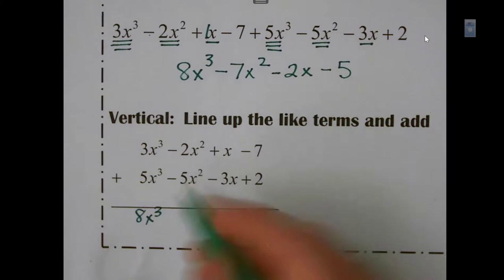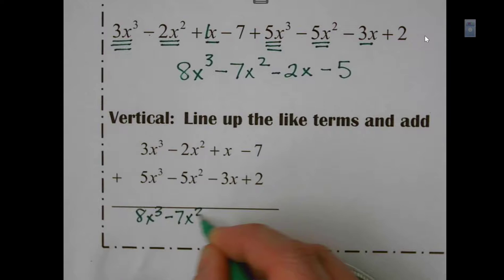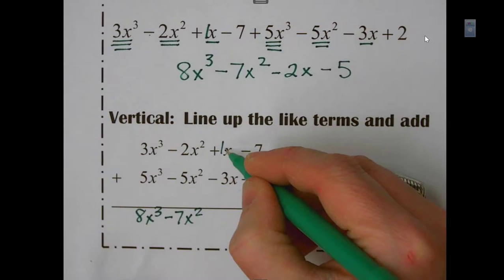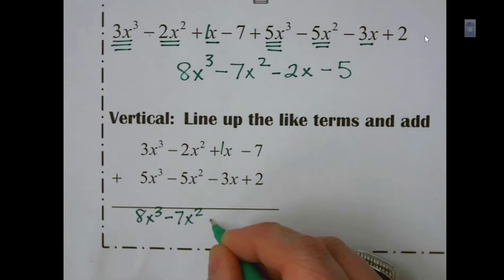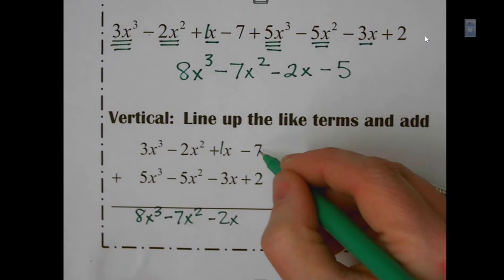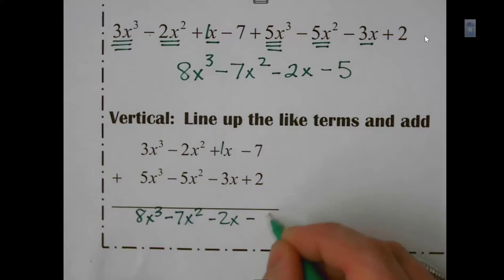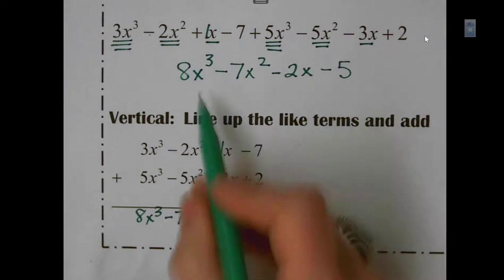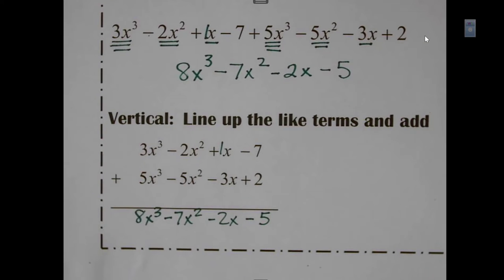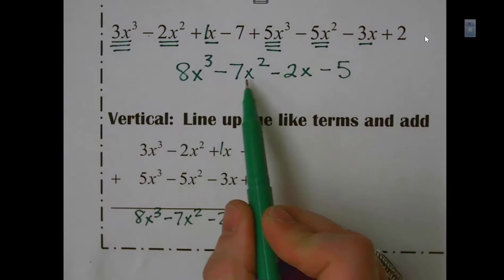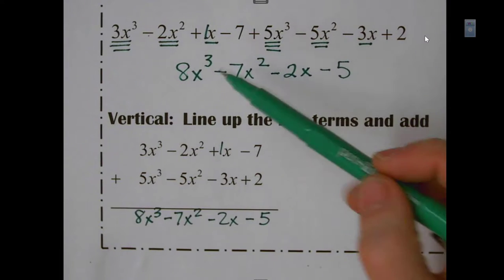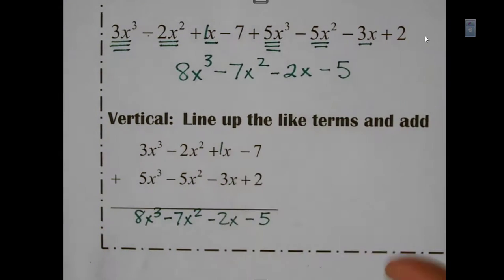Negative 2 minus 5, same sign, add them together, sign stays the same. 1 plus negative 3, negative 2x. Negative 7 plus 2 is negative 5. And let's just double check. We end up with the same answers. Final answer, remember these are individual terms, so we can't add them together. We just end up with 4 terms for our final answer.